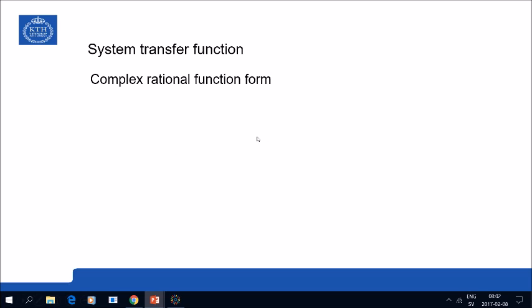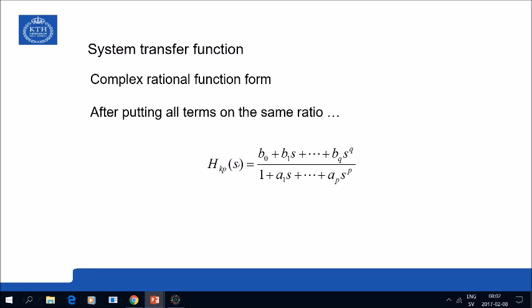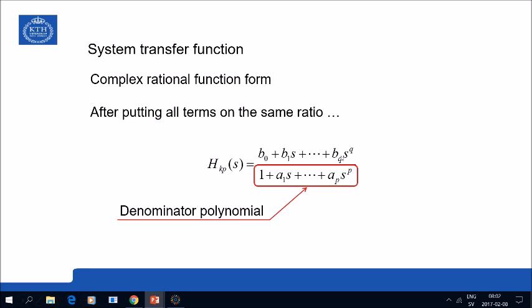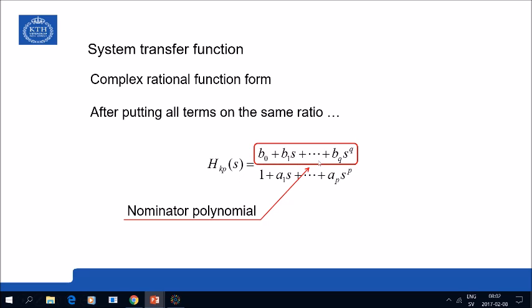We can also, if we combine the contributions on a common denominator, get the complex rational form, which can be formulated like this. So we have a denominator polynomial, where the A coefficients are dependent on the system poles, and the numerator polynomial, where the B coefficients are dependent on the zeros of the transfer function.